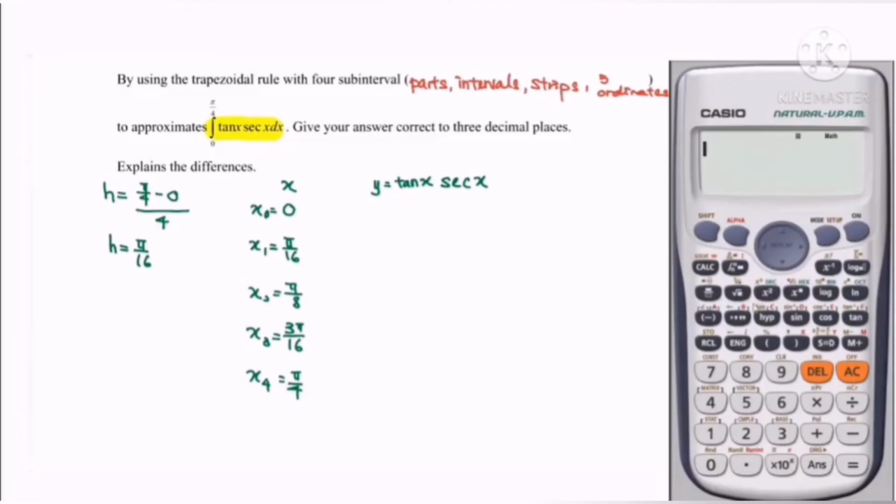As we can see, we have tangent x secant x. So bracket, tangent, kindly press the button alpha and then x, close bracket, multiply with 1 over cos alpha x, close the bracket, and here we have the situation.